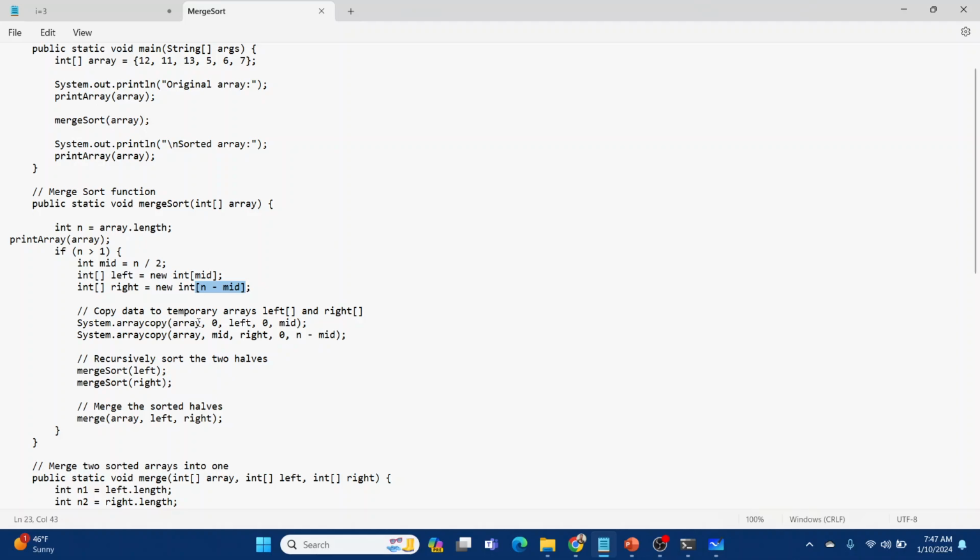The array from 0 to mid will be copied into the left part, and from mid plus 1 to the end will be copied into the right part. So we have divided the array into two smaller arrays, left and right.